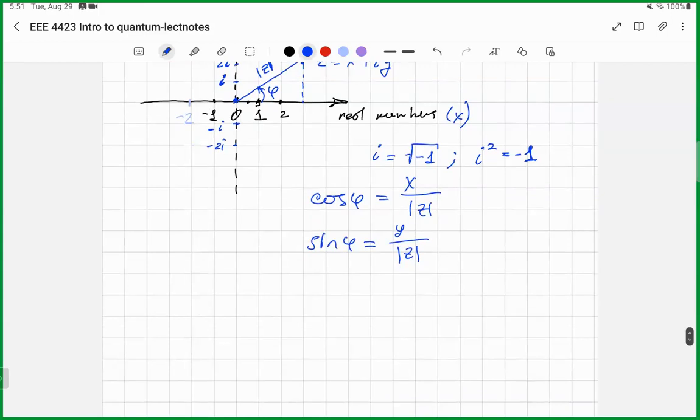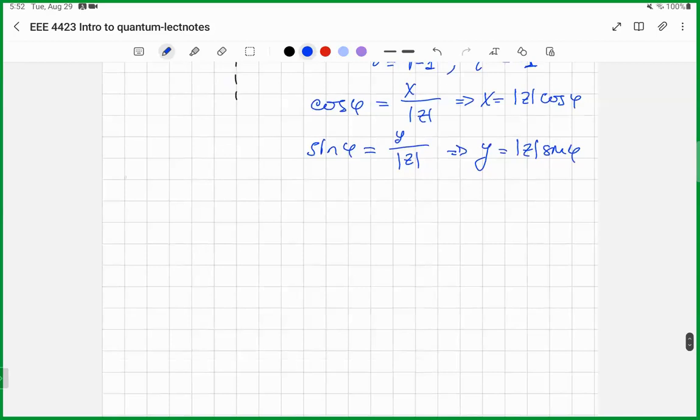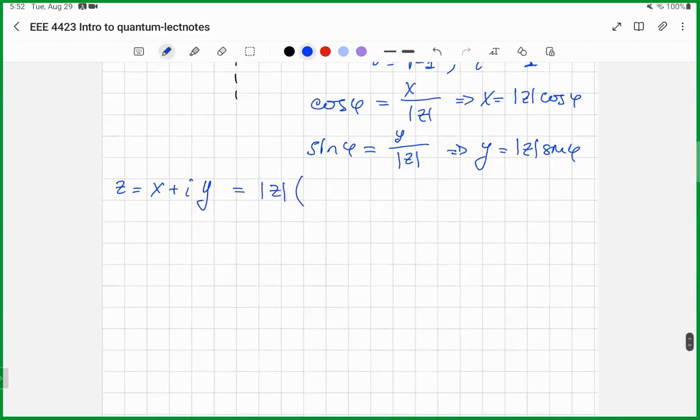So from here, we get x is equal to the modulus of z times cosine phi. And from here, we get y equals the modulus of z times sine phi. And for the complex number z, which is x plus iy, we substitute x and y by these formulas, and we get the modulus of z, and in parentheses, cosine phi plus i sine phi.